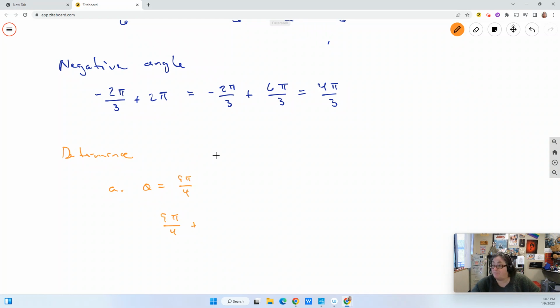And to determine the negative one, we're just going to take our 9 pi over 4 and subtract 2 pi. Does that make some sense?